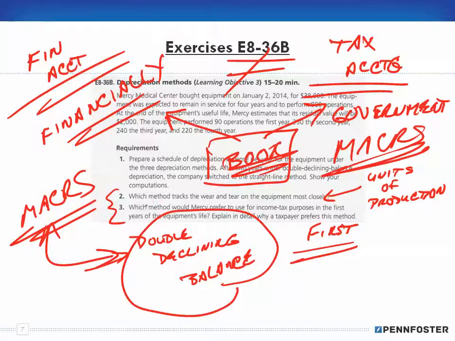So if you want your financial statements to look like your tax statements, you'll have more of a tendency to use double declining balance. But if not, because you want to get a loan or you're presenting the information to outside investors, you want to present your financial statements in the best light, and which depreciation method you choose to do that is up to you.